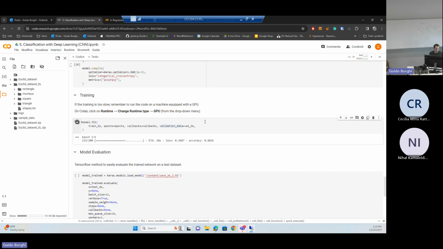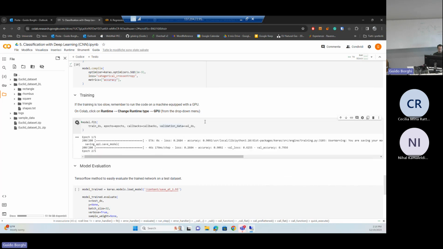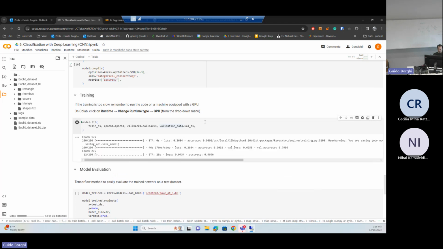It's an architecture developed for embedded systems with limited hardware resources. So I chose an architecture that is quite fast in training. So we have the first epoch, and then we have to wait for all the 5 epochs that I specified above.